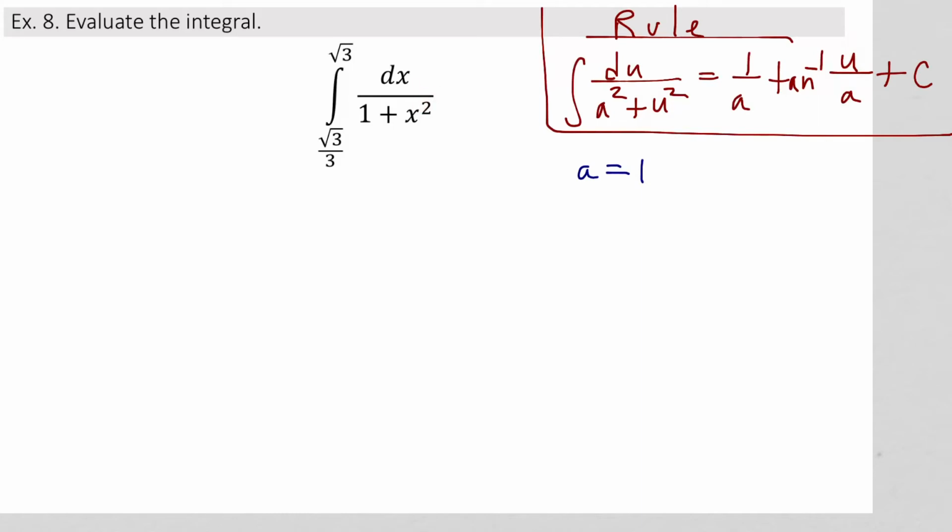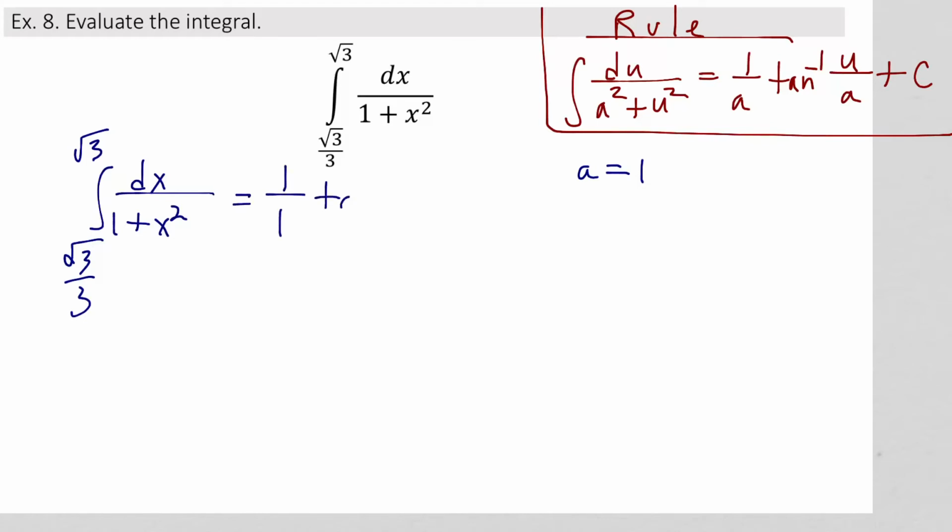Okay, so I've got the integral between radical 3 over 3 and radical 3 of dx over 1 plus x squared is 1 over a, which is 1, inverse tangent of u over a, so that's x over 1, evaluated.